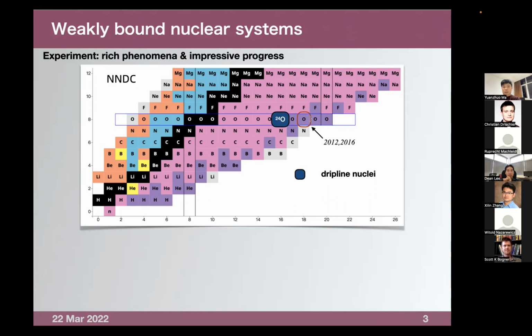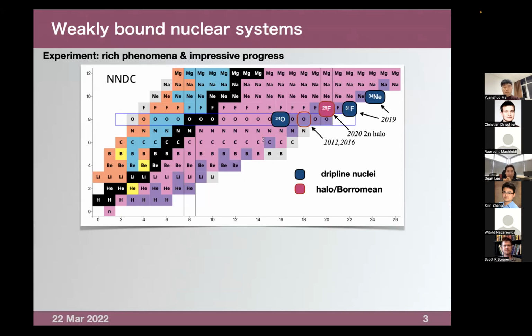A big breakthrough happened very recently, in 2019. The neutron dripline position has been experimentally confirmed up to fluorine-31 and neon-34. Moreover, a two-neutron halo has been measured in 2020.